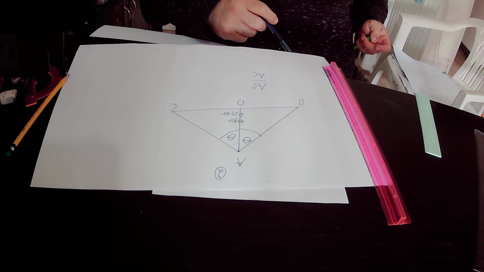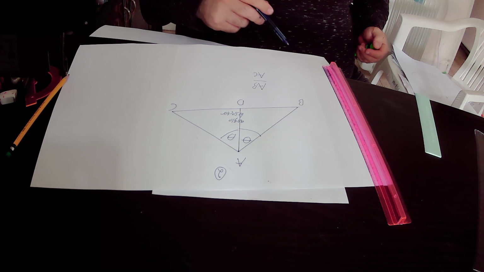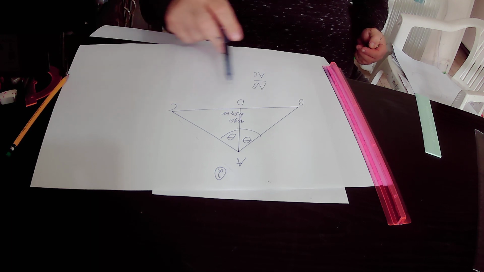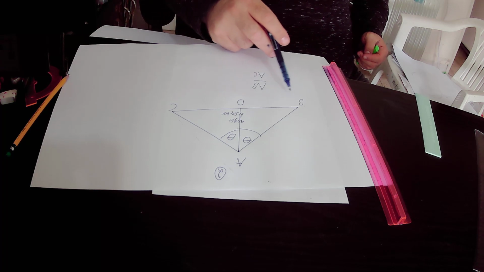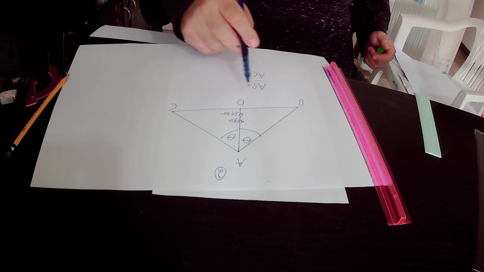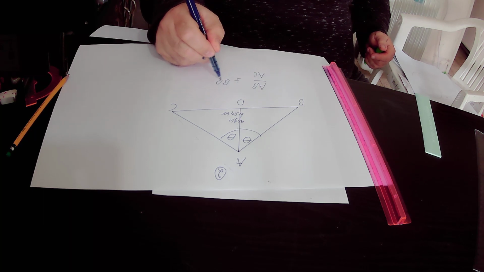So, according to the angle bisector theorem, the angle bisector AD divides side BC into two parts, BD and DC. And the ratio between those two parts is BD over DC.